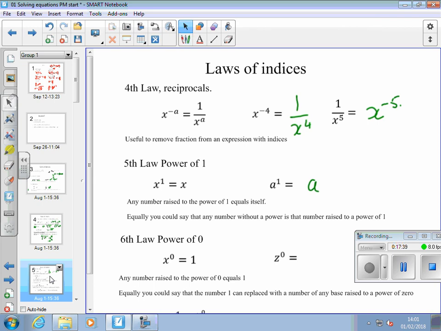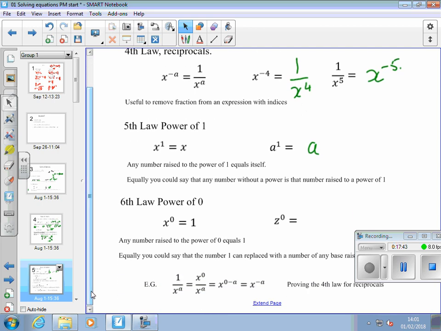Sixth law, power of 0. Again, a really useful way in some things of being able to express the number 1. Any number to the power 0 is 1.